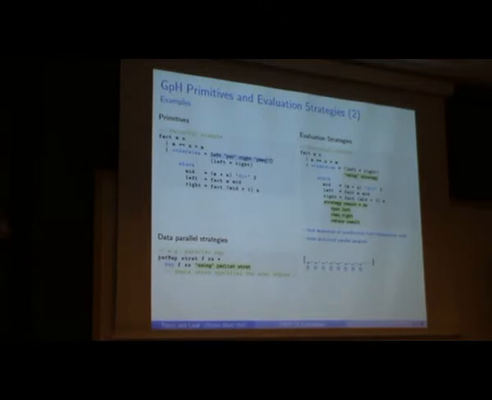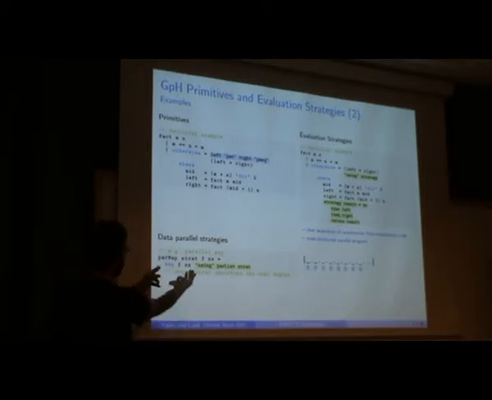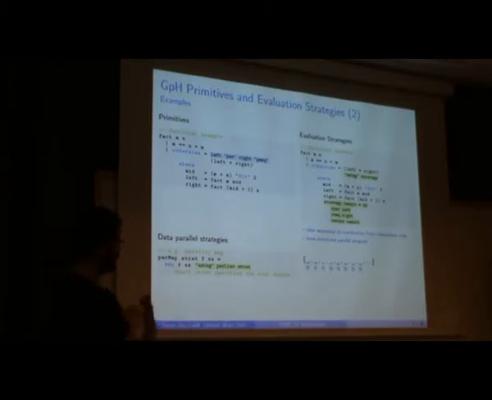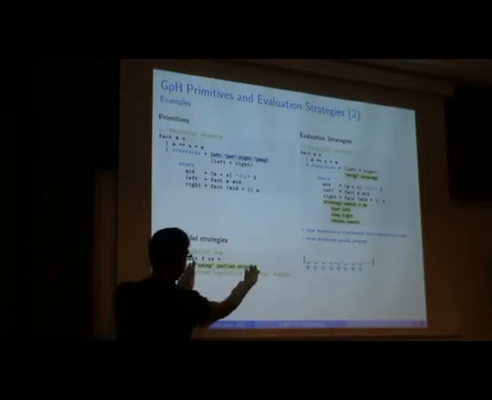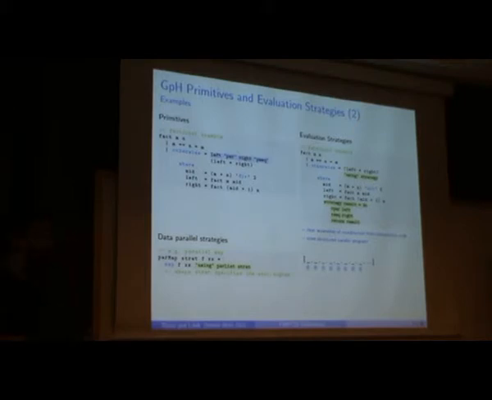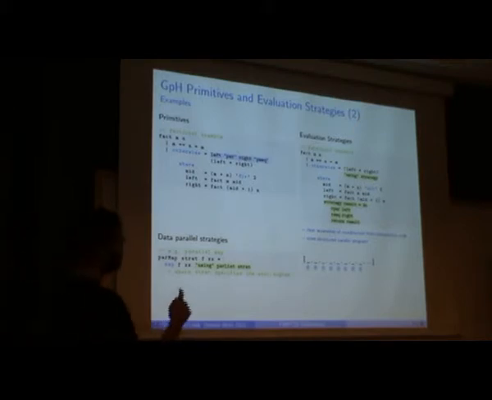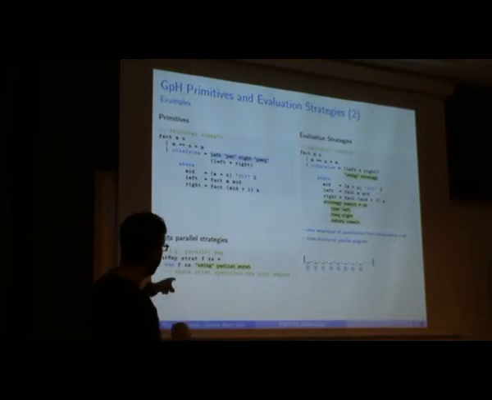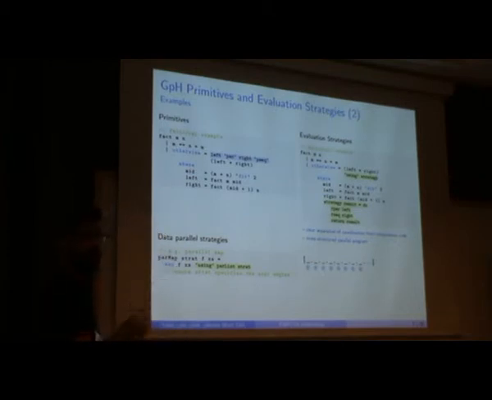The evaluation strategies library contains some already defined strategies for data parallelism, for example on map mainly. Here we have a map in Haskell, for example map f, a function f on a list x. To specify data parallelism on this map, we just put this in our code. parList is an example of a higher order strategy, which says to apply the function f to each element in parallel.